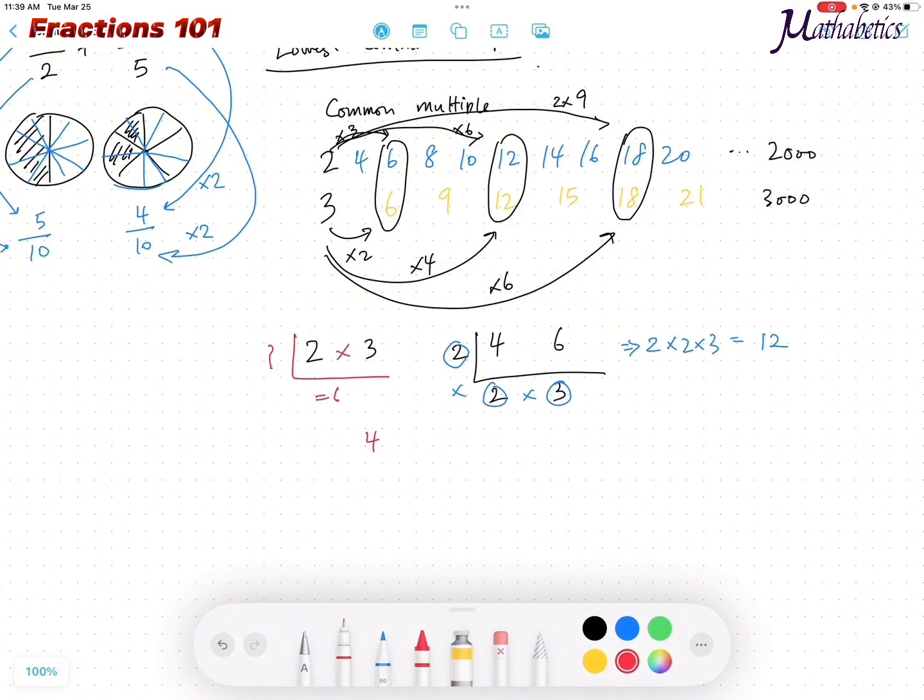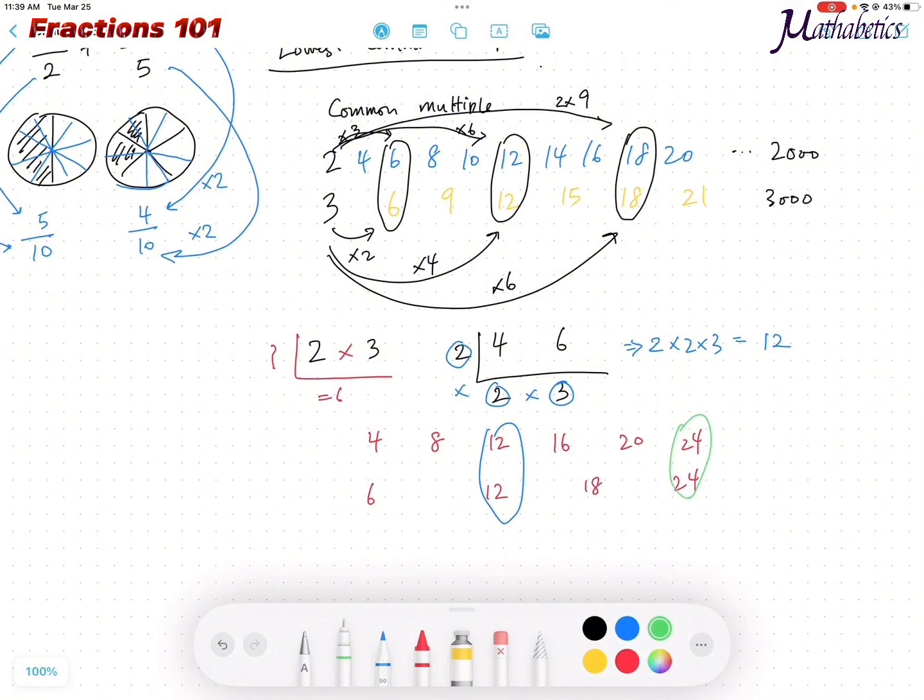Now, just to show you what happens to 4 and 6, 4 will be 8, 12, 16, 20. 6 would be 6, 12, 18, 24, right? So 12 would be the lowest common multiple. But then we also have a 24 at one stage, but that's not the lowest common multiple.